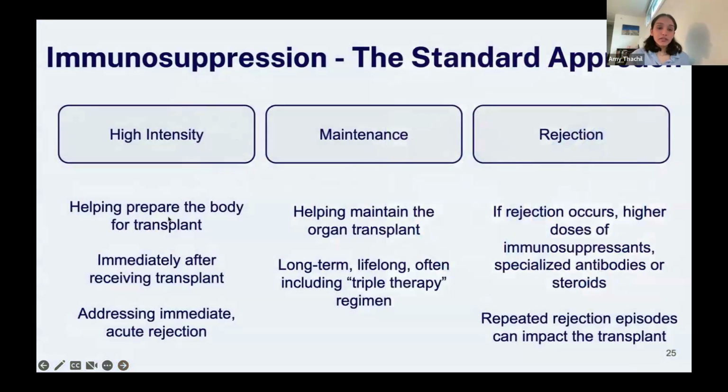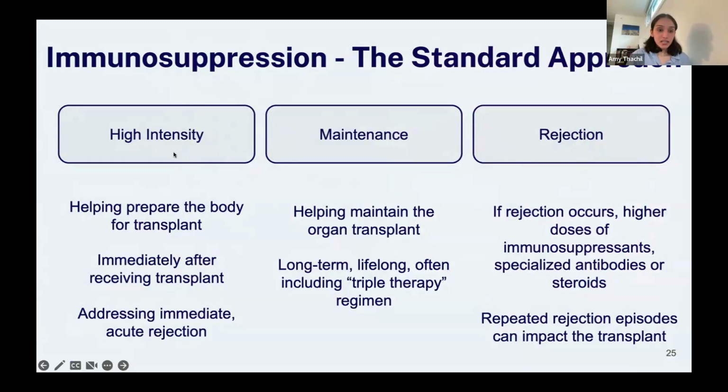So immunosuppressive medications are currently what's used in clinic in order to control the immune response against the transplanted organ. And overall, immunosuppressive medications broadly dampen and mute the recipient's immune system. Immunosuppression is given in different phases.